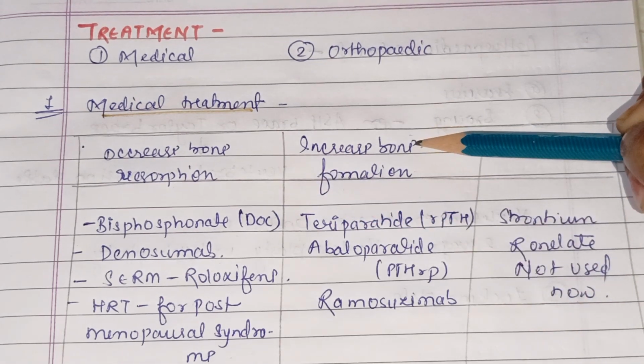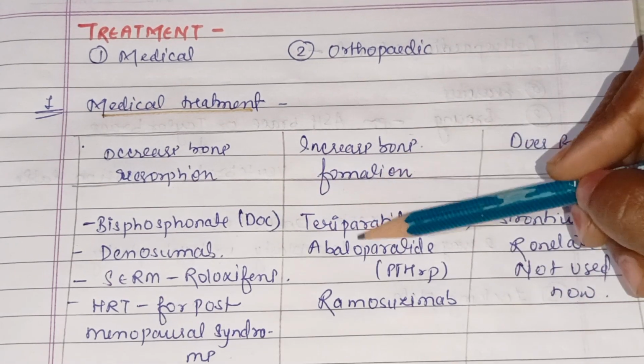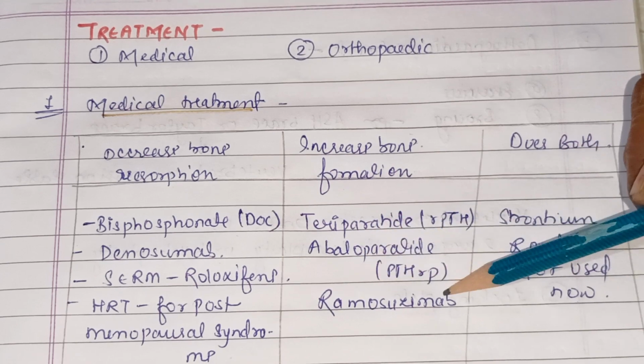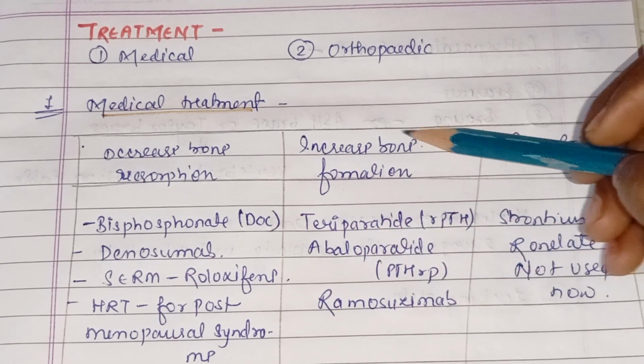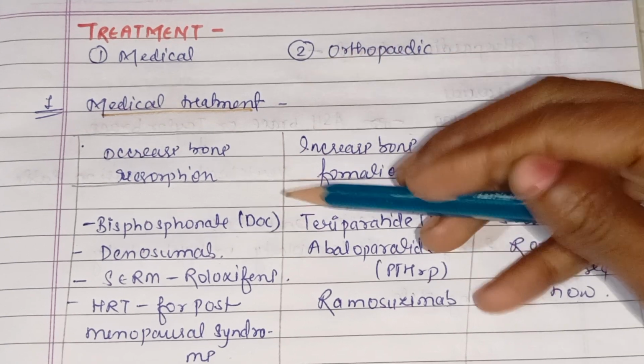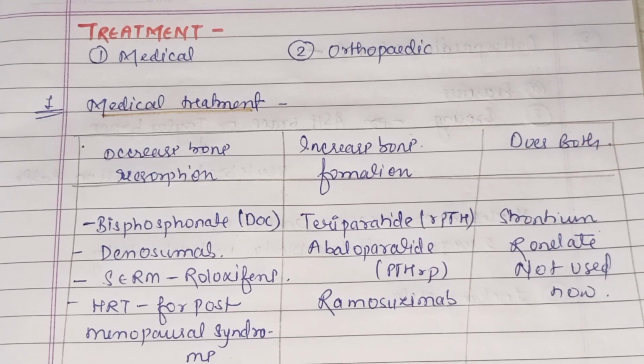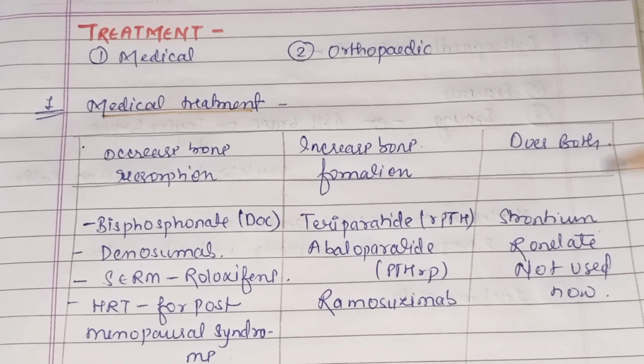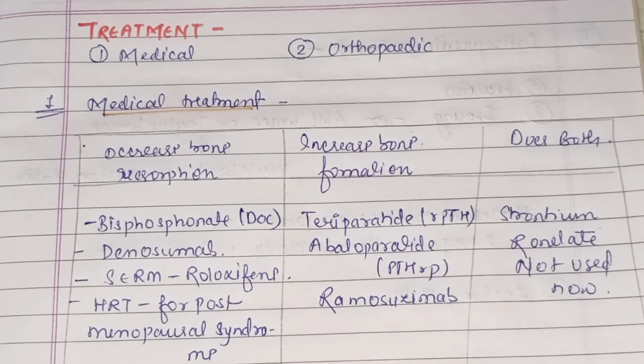Teriparatide, abaloparatide, and romosozumab are given for increased bone formation and for doing both. Strontium ranelate, which does both, is not used now.